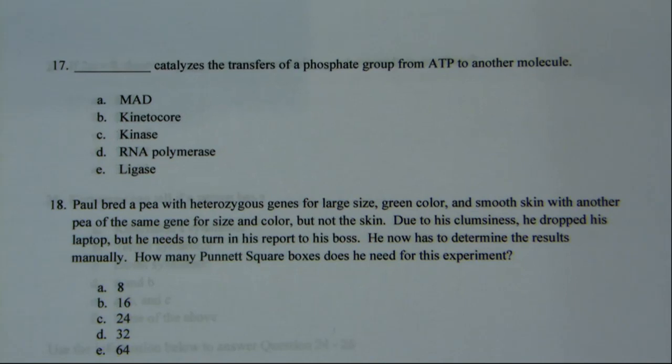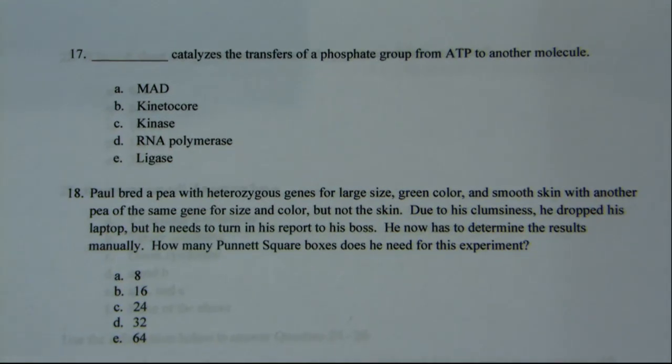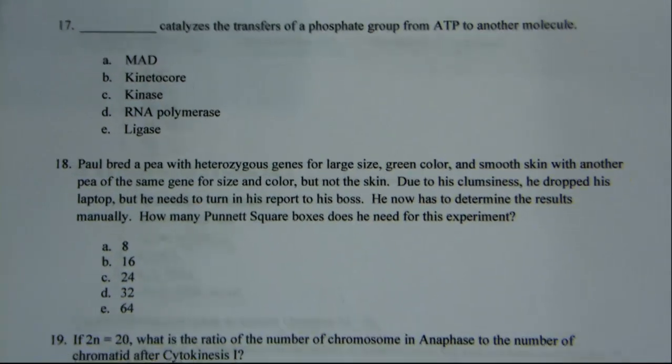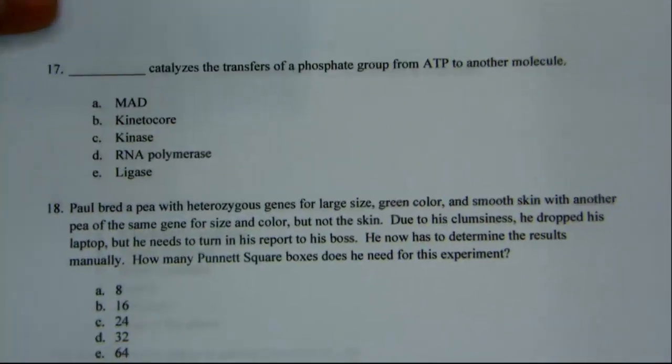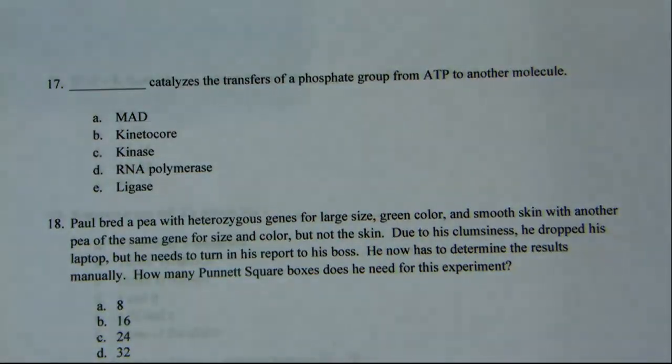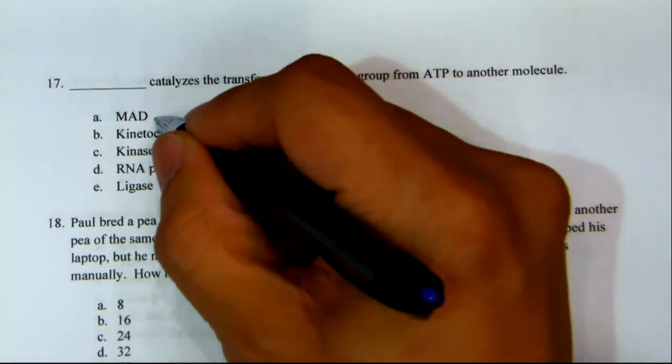So 17, right, catalyzes the transfer of a phosphate group from ATP to another molecule. This is one of the things that you have to memorize. So is it MAD? What does MAD do?